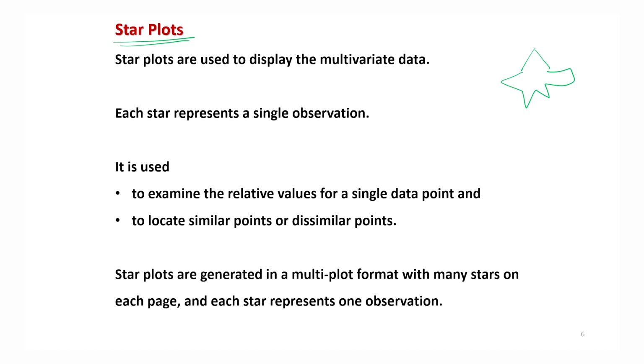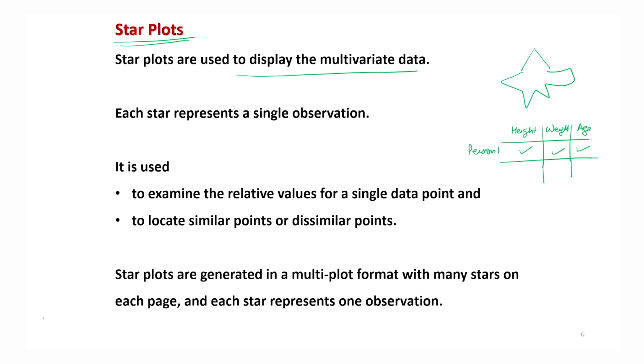That is why it is called star plots, and star plots are very useful when we want to display multivariate data. What is the difference between multivariate data and multiple data? Suppose I have the data on height, weight, age on person number 1.